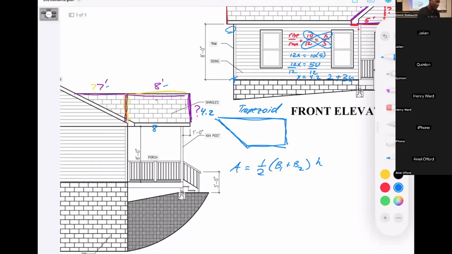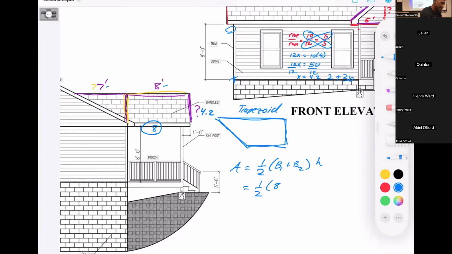So we know that it's going to be 1/2. Base 1 in this case is going to be 8 plus base 2, which is these two added up. What's 8 plus 7? 15. And then my height is going to be 4.2. Let me multiply that out.